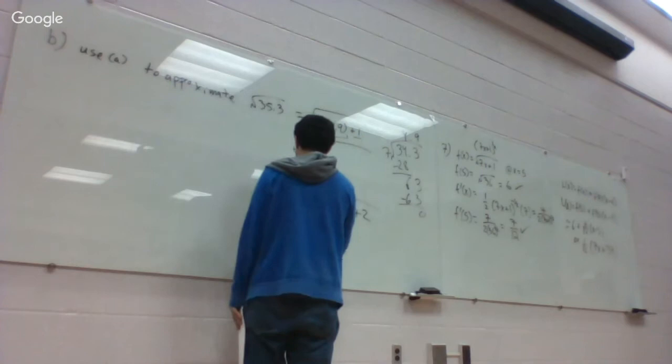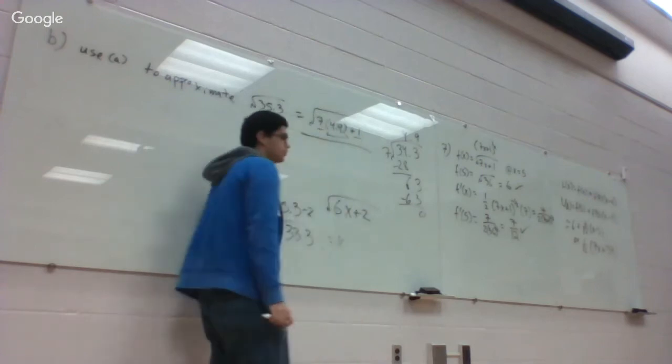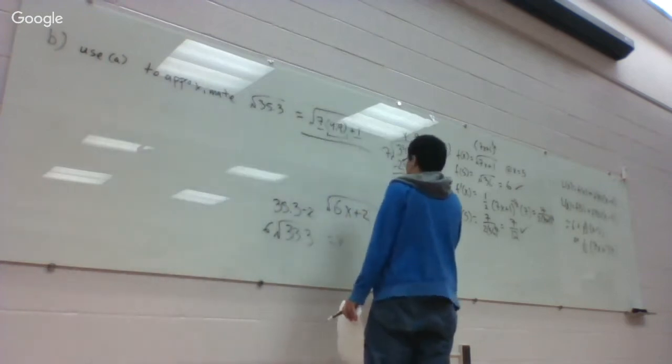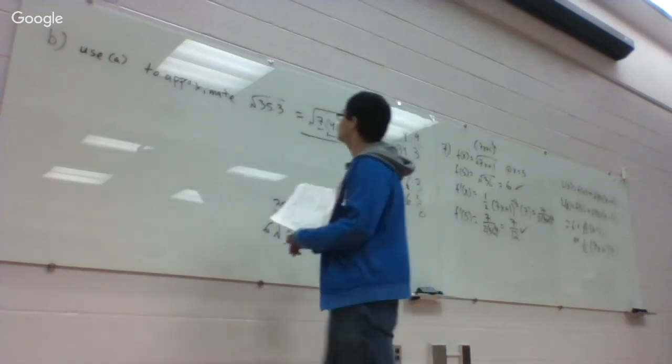Divide that by 6, and then you have your x values. Okay? I'll leave that there.